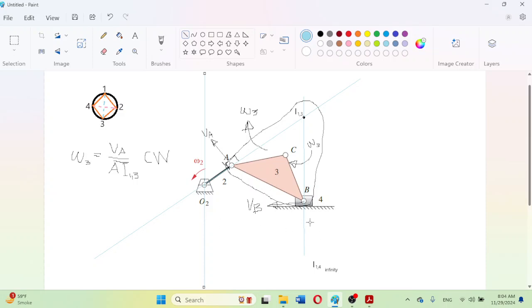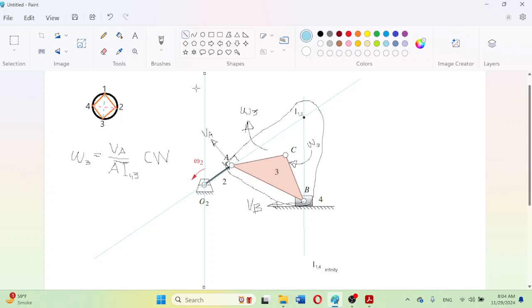These lines will meet at the point at infinity and make a vertex. So the line for instant centers I1,2 and I1,4 has been drawn using the Kennedy theorem. The third instant center 2,4 will be located on this line.